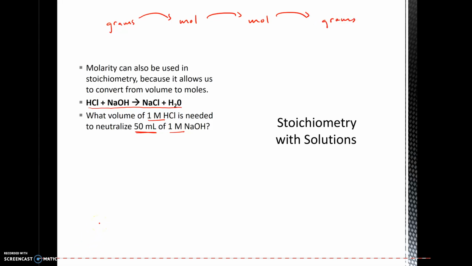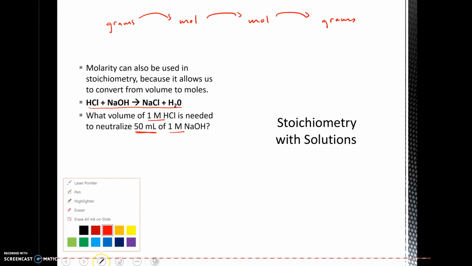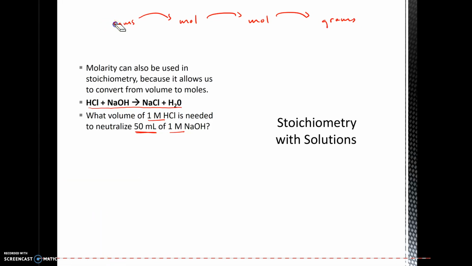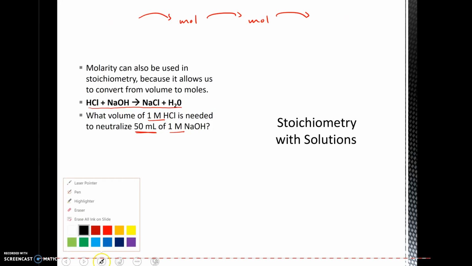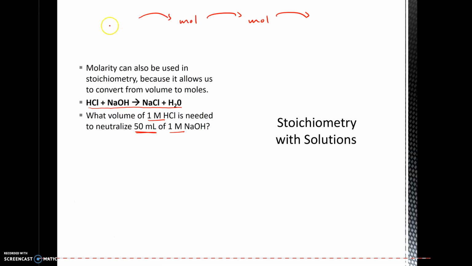Well, now we're going to change this just a little bit, and instead of doing grams to moles and ending with grams, we're going to use volume or liters, and we're going to end with liters or volume. So our steps really remain almost exactly the same. It's just that we're starting and ending with a volume instead of with a mass.